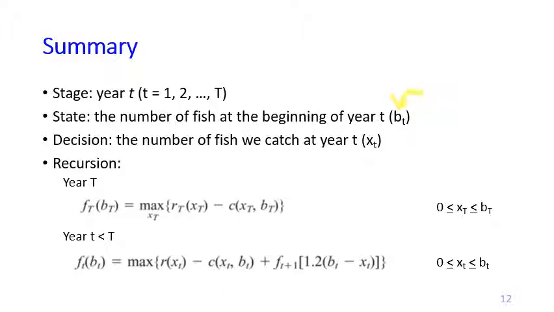And then here's the recursion for year big T, and then this is the recursion for year small t, which is less than big T. And do not forget to write down the allowable decisions for each of the recursions, for the year T and the year small t.